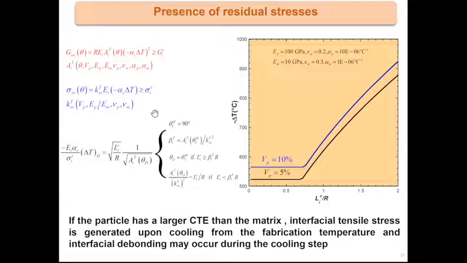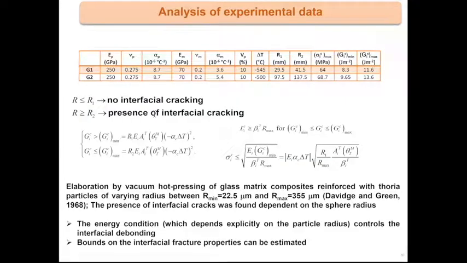Okay, this kind of consideration was used to analyze some old data from David and Green on ceramic matrix composites elaborated by hot pressing at high temperature, with two batches of data with different particle radii and two batches of interfacial conditions.